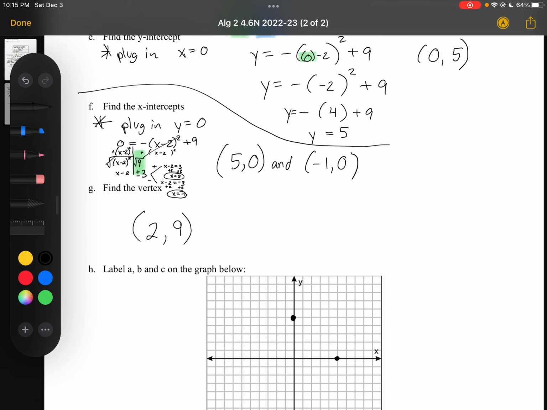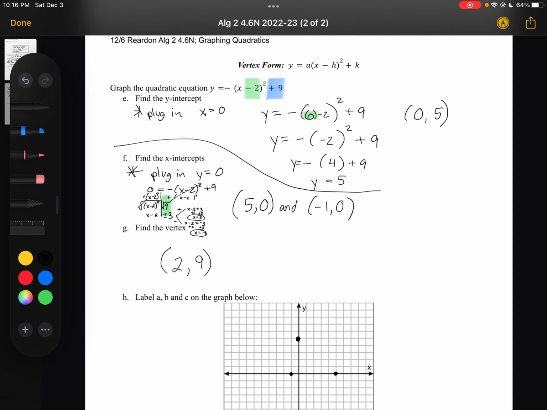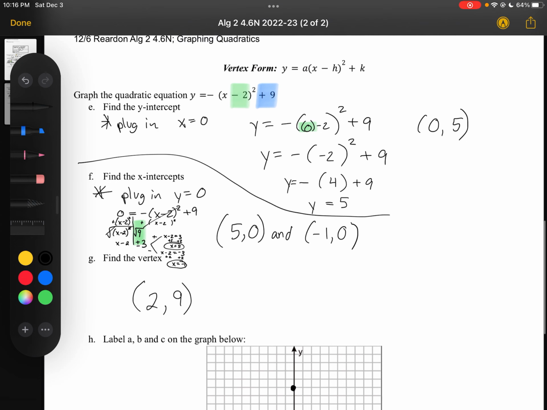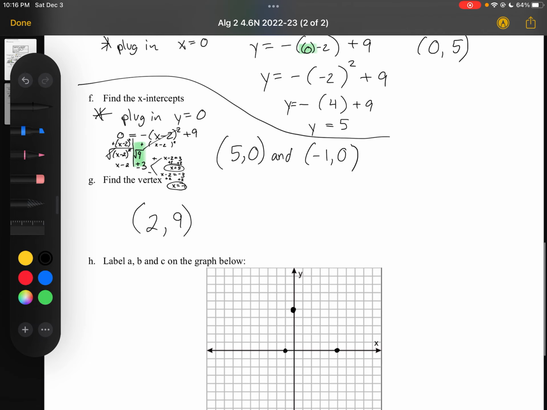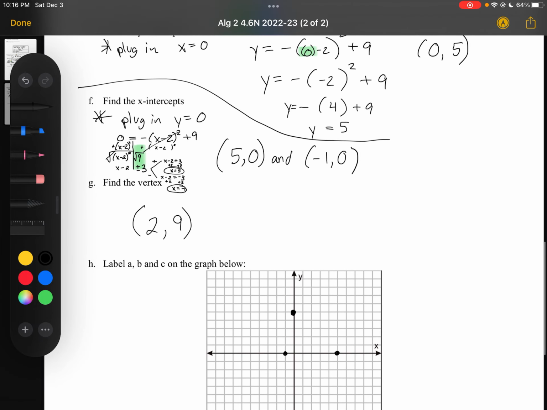We have 1, 2, 3, 4, 5 for the x-intercept, and then negative 1 right here. So again, just double checking everything that we have so far. We're just taking what we have and we are plugging it in. The next piece is our vertex at 2, 1, 2, 3, 4, 5, 6, 7, 8, 9. And we have our parabola ready to graph.